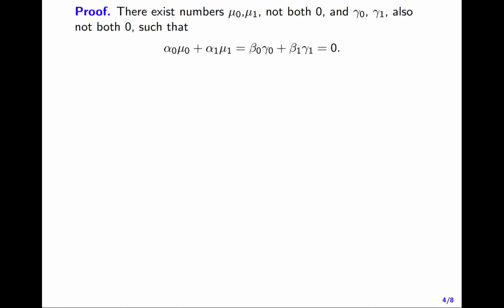And why is that? Because I assumed at least one of alpha 0 and alpha 1 was non-zero, and at least one of beta 0 and beta 1 was non-zero. So sit down, consider the cases on alpha 0 and alpha 1, beta 0 and beta 1, scribble for a while, and you'll see that you can come up with these mu 0s, mu 1s, gamma 0s, and gamma 1s.